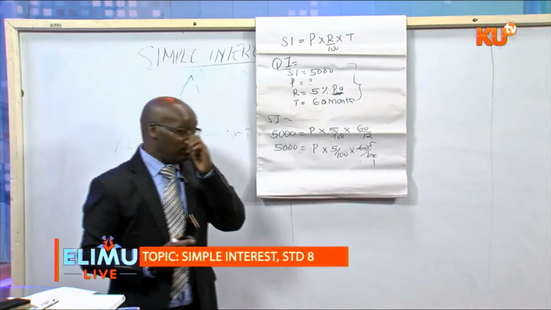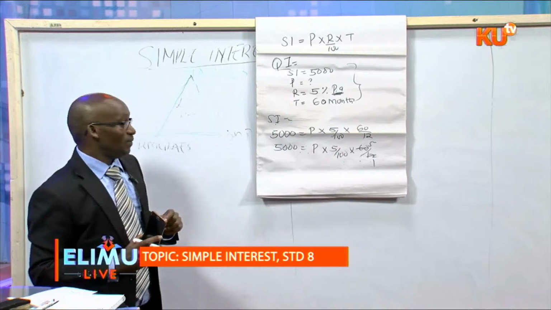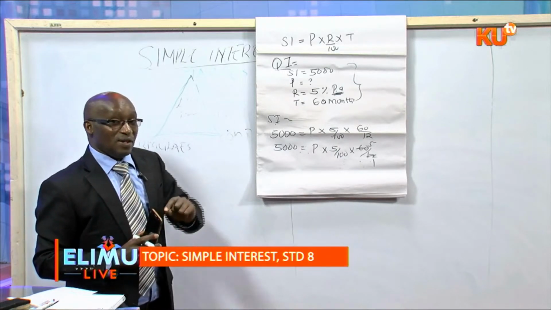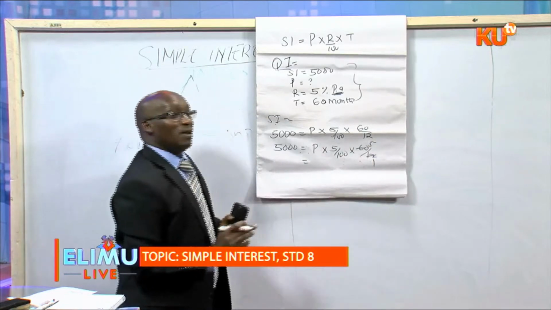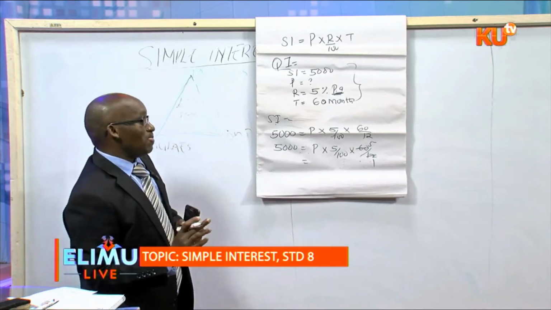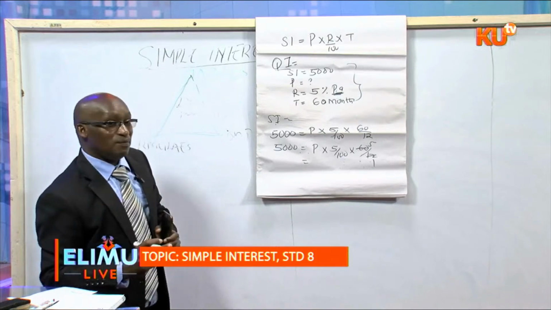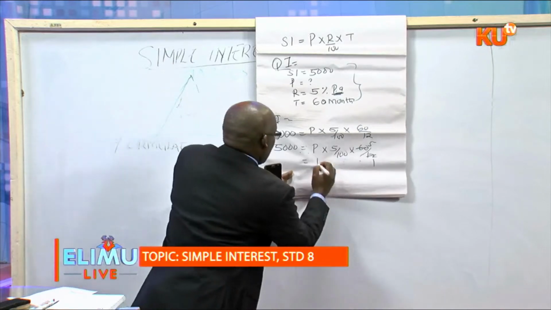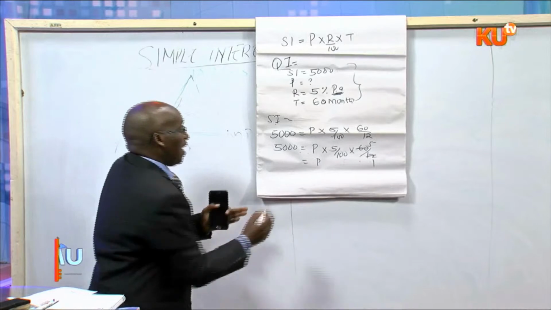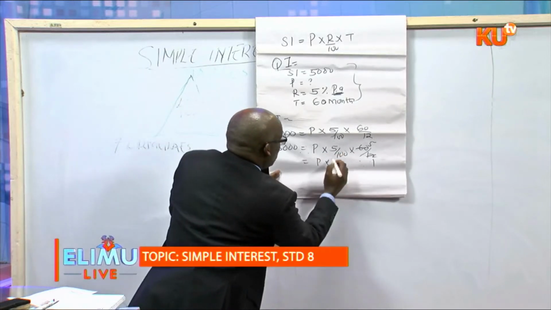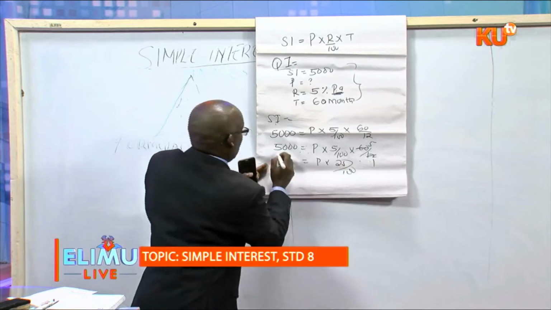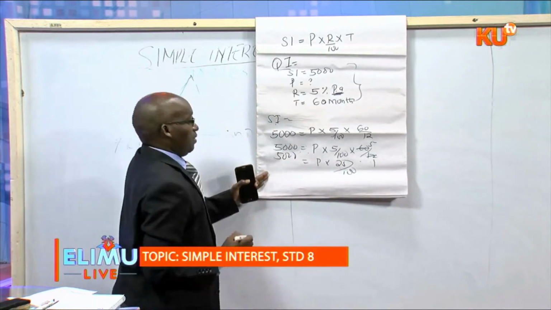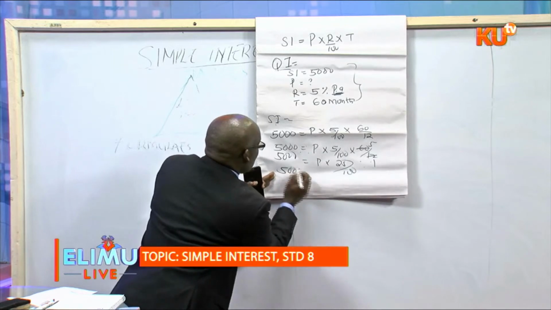To save on time, you rather don't simplify 100 by 5. You rather have 5 multiplied by 5, which is 25 over 100, which will give you 5,000.